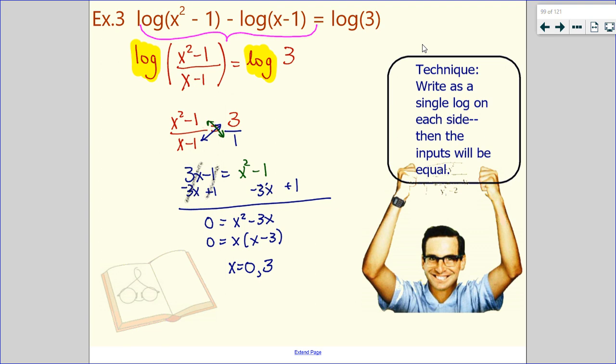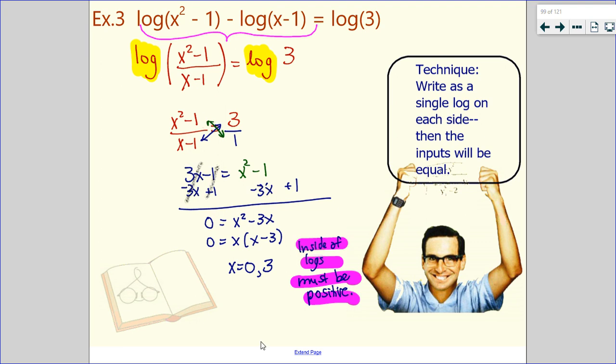I want you to take note that the inside of logs must be positive. So that's one of those little facts that you just have to file away and hope that you'll remember come test time. The inside of logs must be positive.